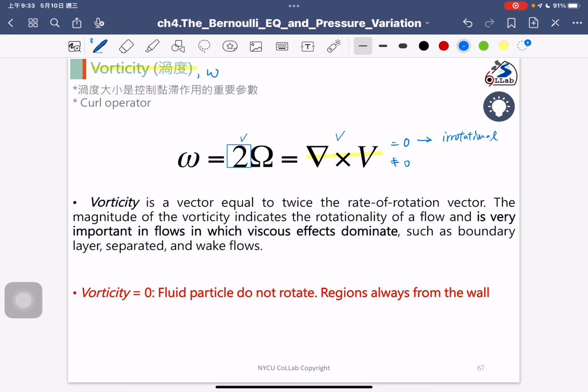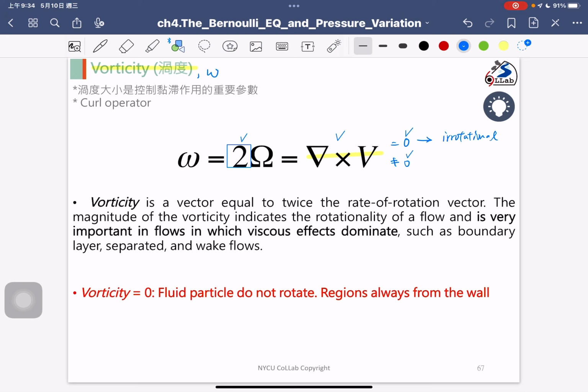It's fine if you cannot follow the previous slide on why we compute this. But you need to remember the final result. When you would like to identify whether the flow is rotational or not, you should compute the gradient operator crossed with the velocity vector and figure out whether the result is 0 or not.